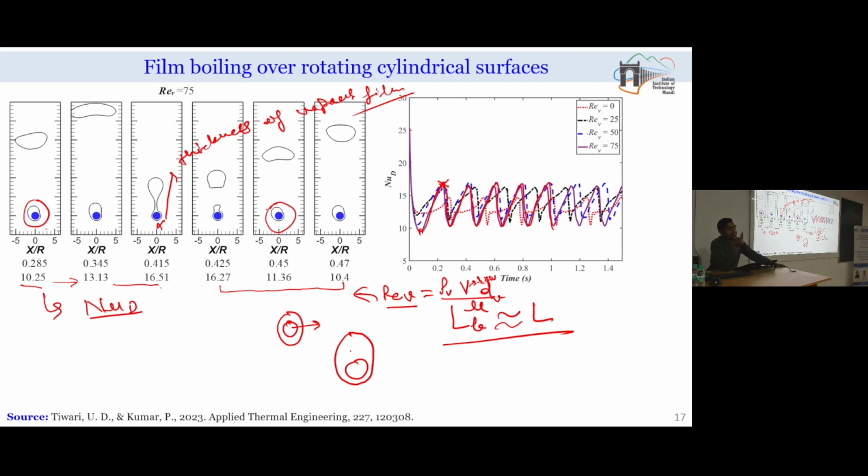So, it means that in the film boiling regime, when the bubble just pinches off from the surface, we can achieve the minimum vapor film thickness on the heater surface, and corresponding to that situation we can have the highest value of heat transfer. And when vapor is growing over the film, the thickness will keep on increasing and the heat transfer coefficient will be less.